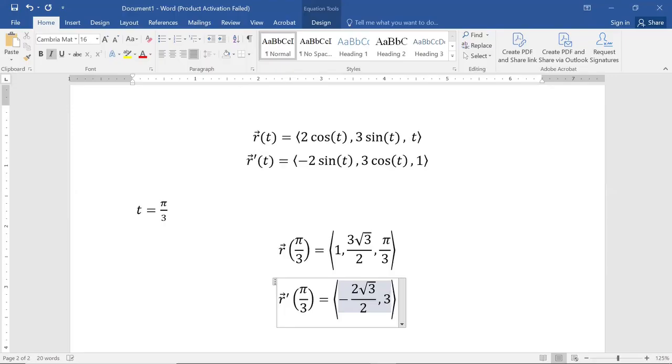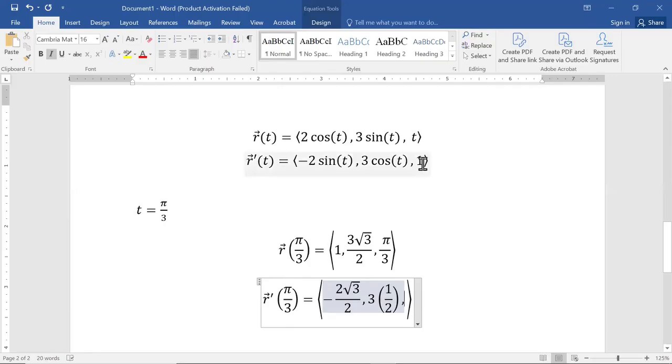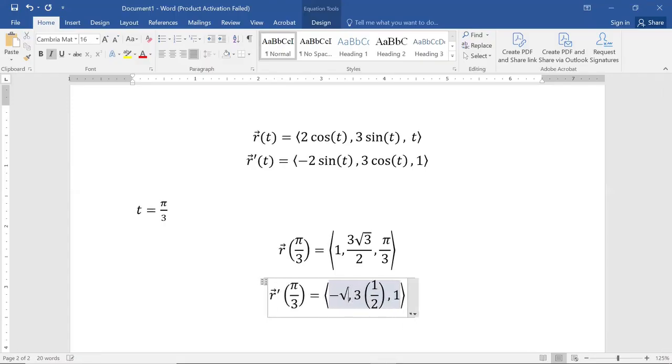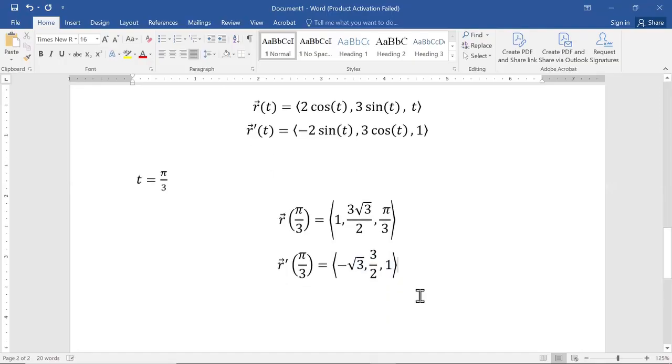So I get 3 times 1/2. And then when I plug in pi over 3, my z value just stays as a 1. Let me simplify this a little bit. 2 over 2 here is going to cancel. I'll just be left with the square root of 3. So I get negative square root of 3 for my x component. 3 times 1/2 is 3 over 2 as my y component, and 1 as my z component.